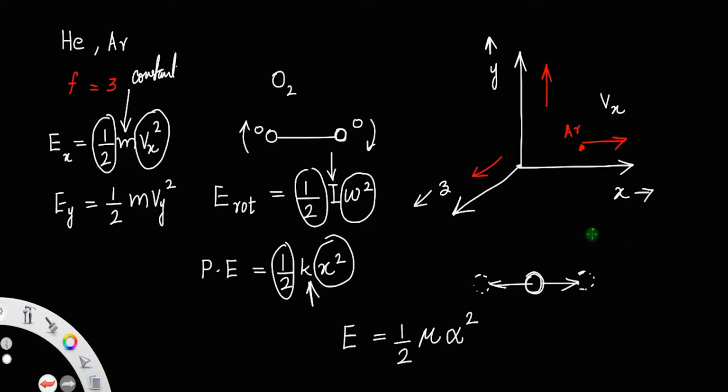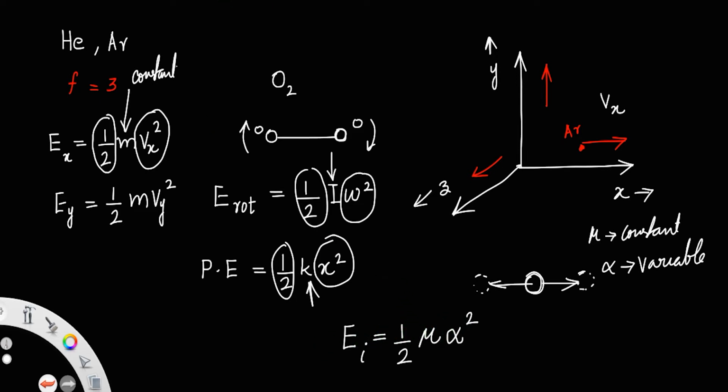Here mu is the constant and alpha is the variable. So every energy equation, let's say Ei, is of the form half mu alpha square. And this is a quadratic equation, clear? Because there is a square for the variable. So energy is in the quadratic form.